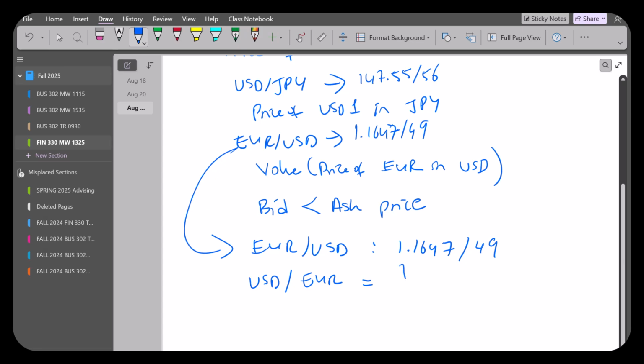So for the bid, which one am I going to use? 47 or 49? One over. What do you think?